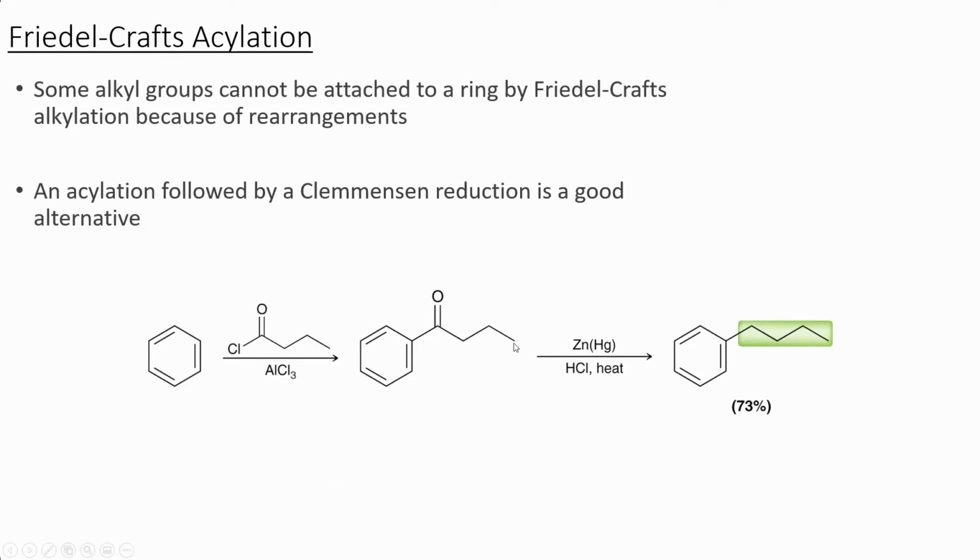Once we have our ketone intermediate, we can then reduce with zinc or mercury in acid and heat to obtain the carbon-carbon bond alkyl product. And this reduction is called the Clemmensen reduction.